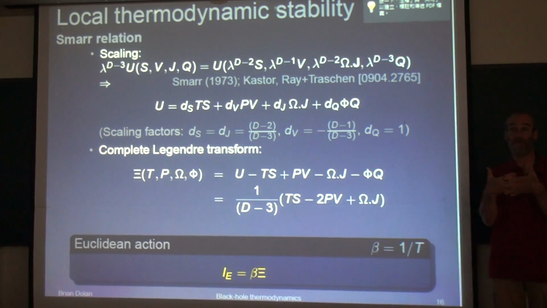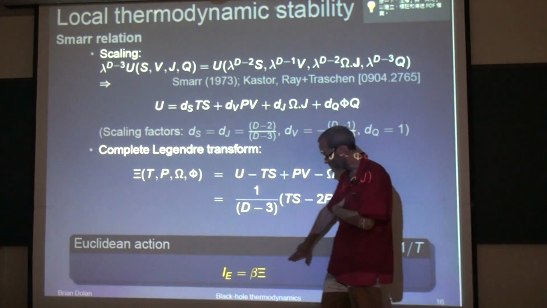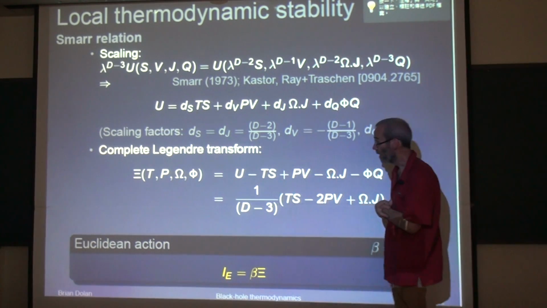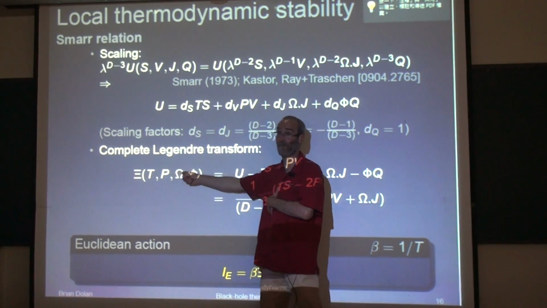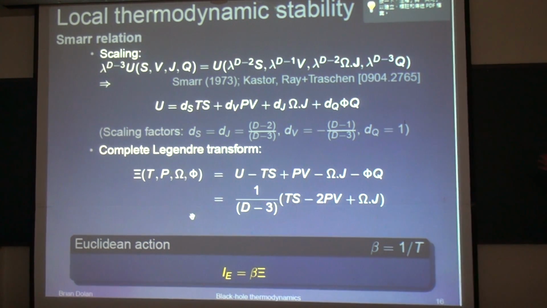You use Euclidean time and work out the action of the system. This is the thing that appears in people's path integral approach to quantum gravity, this Euclidean action. It's precisely this Legendre transform. So this hangs together and makes sense for black holes, even though the scaling is not homogeneous.